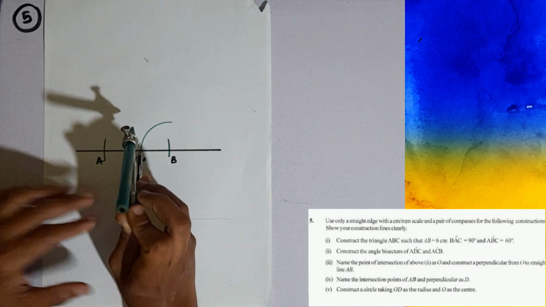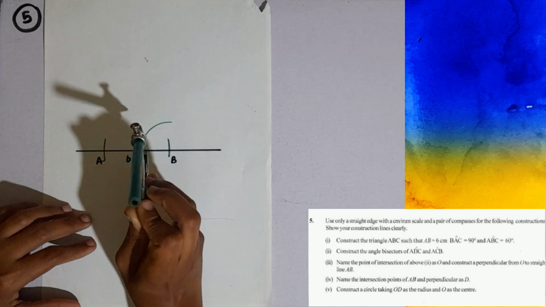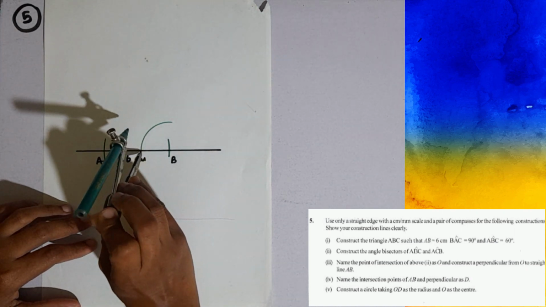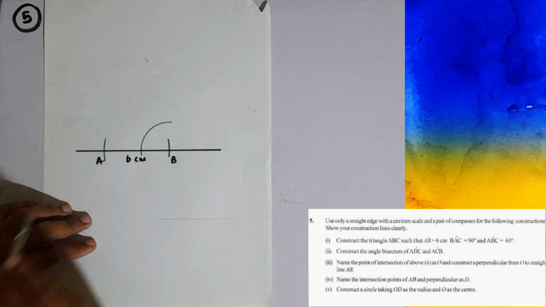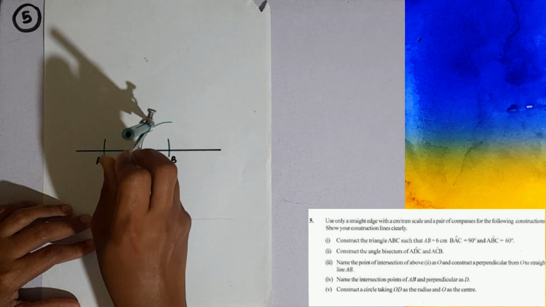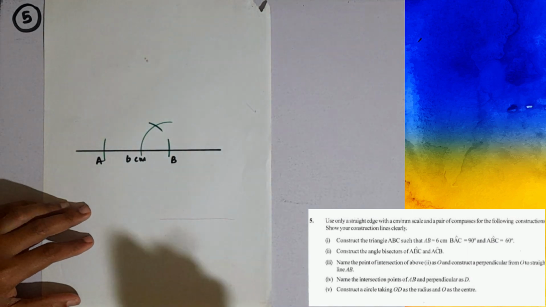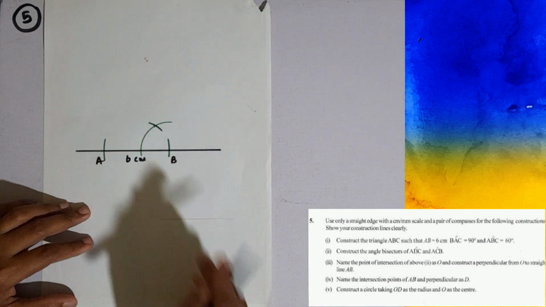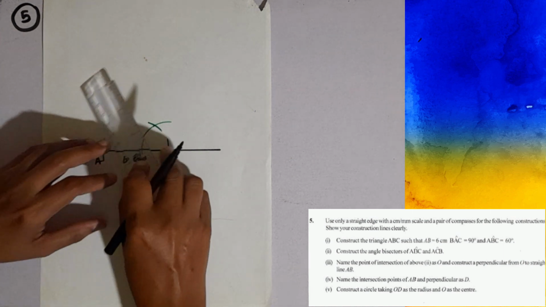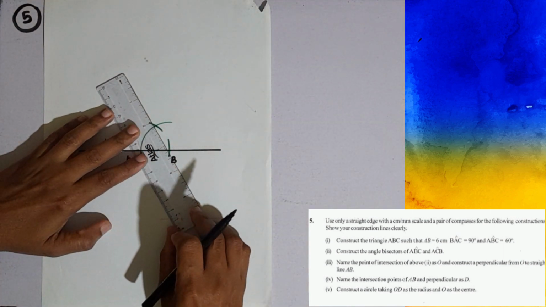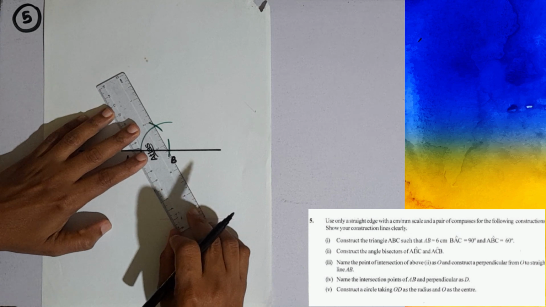Without changing the distance between the point of compass, keep the point of compass here and draw another arc by intersecting the first arc. Now this intersecting point and B point should be joined. These 2 points should be joined like this.